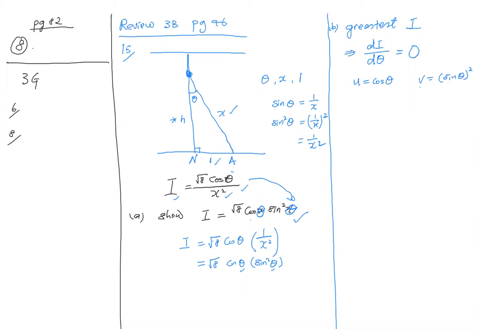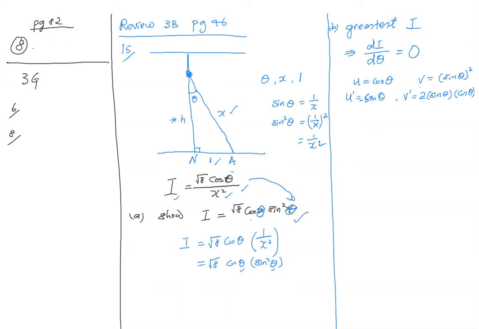Cos theta sin cubed theta. Okay, so your u prime is negative sin theta. Your v prime is 2 sin theta cos theta.